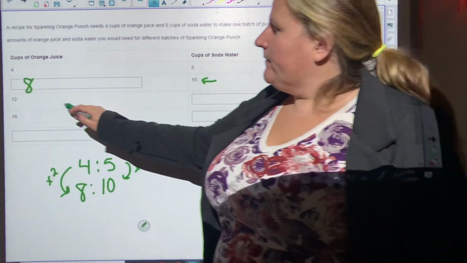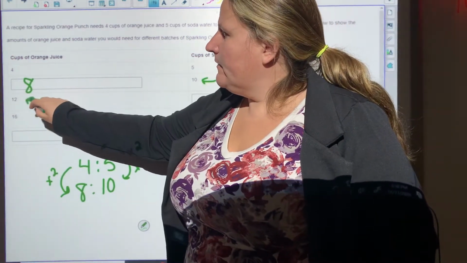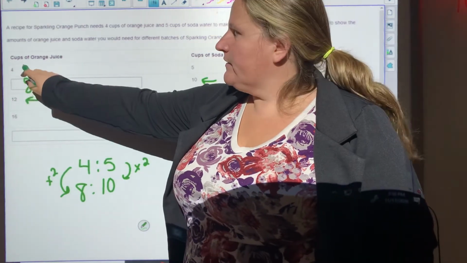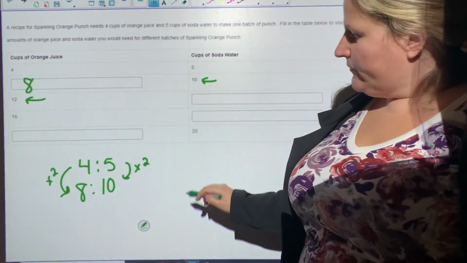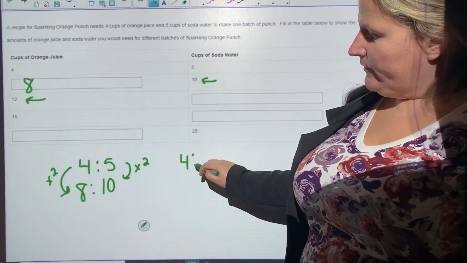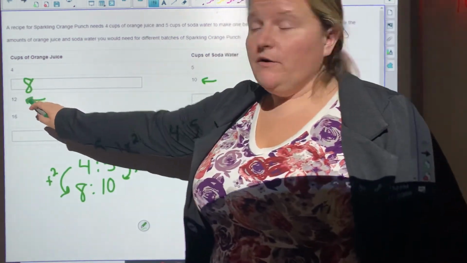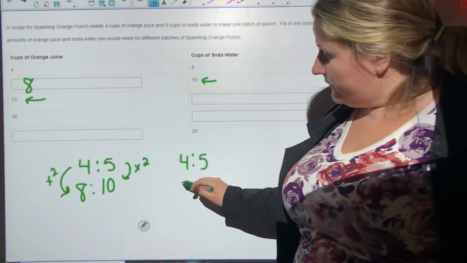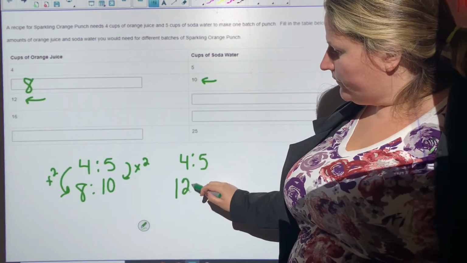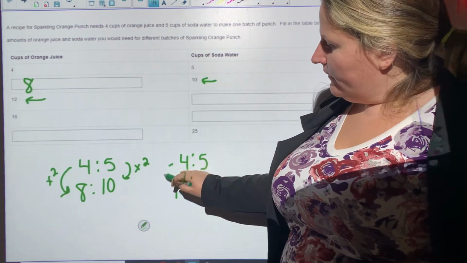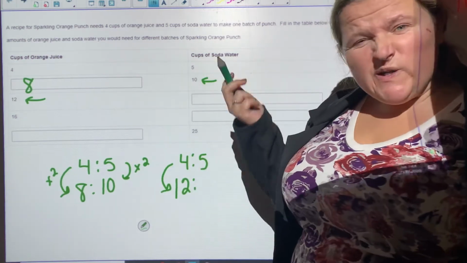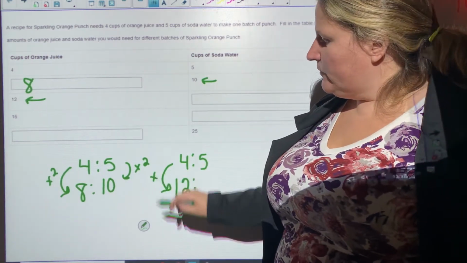Now I'm going to look for my second one. My second one is the 12, and it's under the 4. So on my scrap paper, I can go back, and I'm starting with a 4 to 5 ratio. I have a 12. It's on the 4 side, so I put the 12 here. Now I want to think, 4 times what gives me 12?